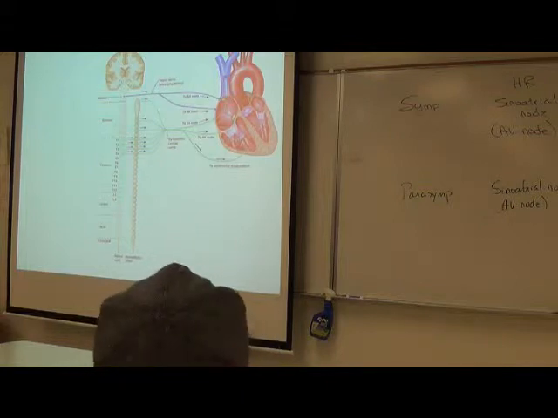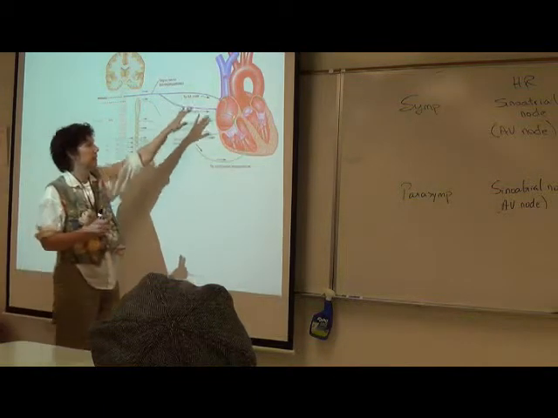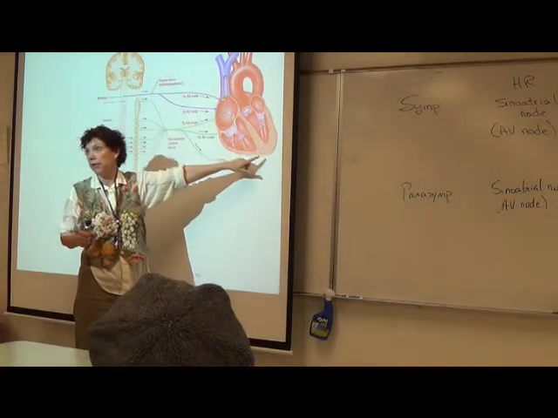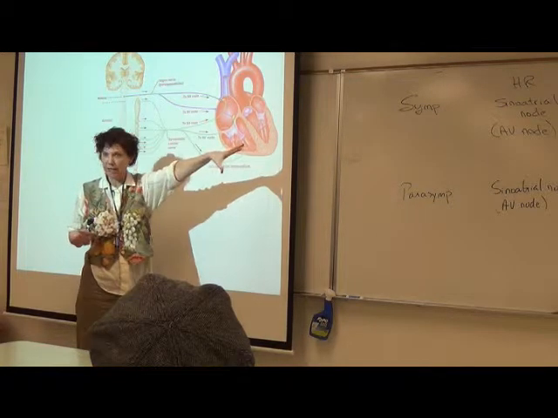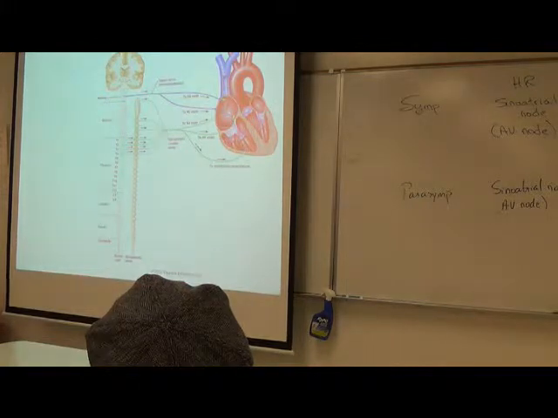So that will drive a higher heart rate and a greater force of contraction. Typically, with sympathetic, heart rate and greater force of contraction go hand in hand, because when these nerves fire to increase heart rate, nerves going to the ventricles are going to release norepinephrine to increase force of contraction. So those typically occur together.